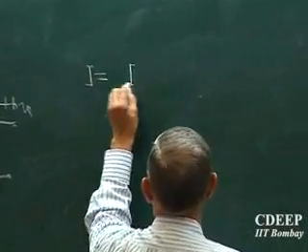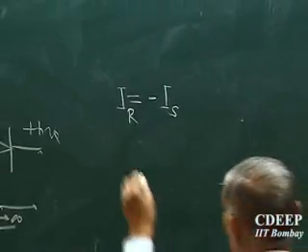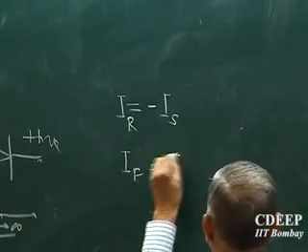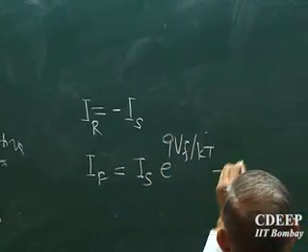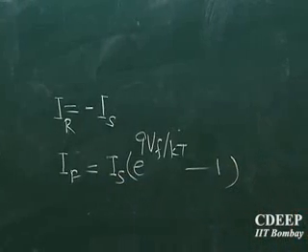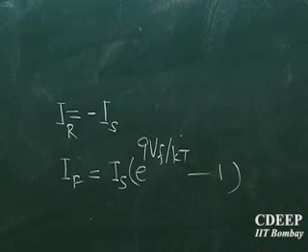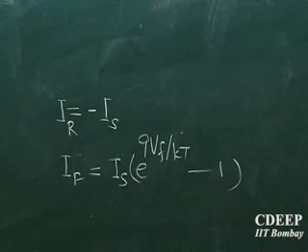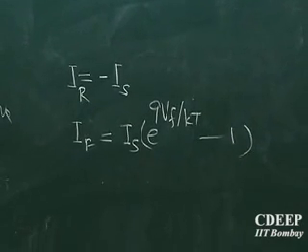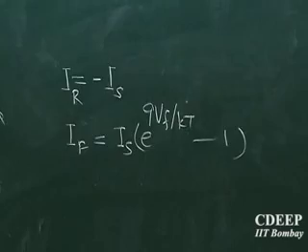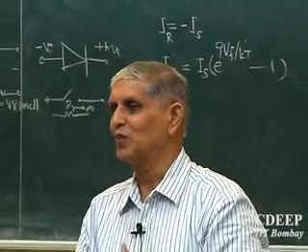In reverse bias, the current is minus Is, and in forward bias, the Is value is the same there and the same here. So phenomena-wise, reverse bias Is is not the same as forward bias Is, but the term which you get at the end of the day is the same.